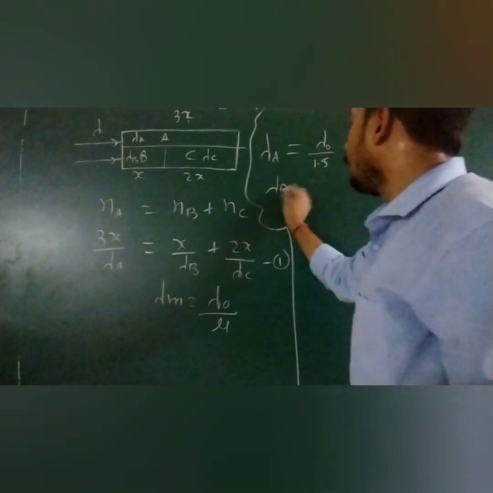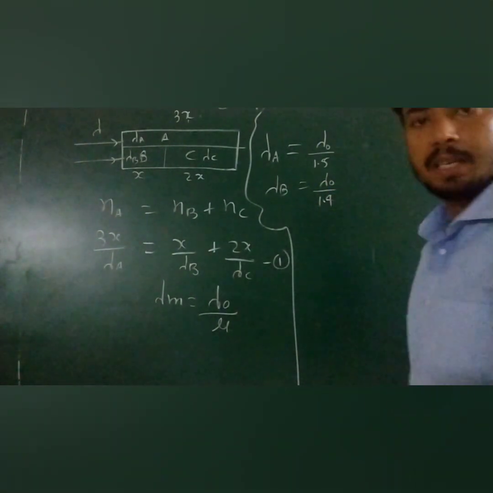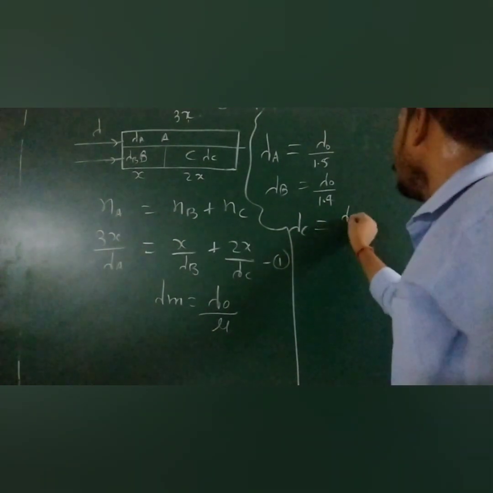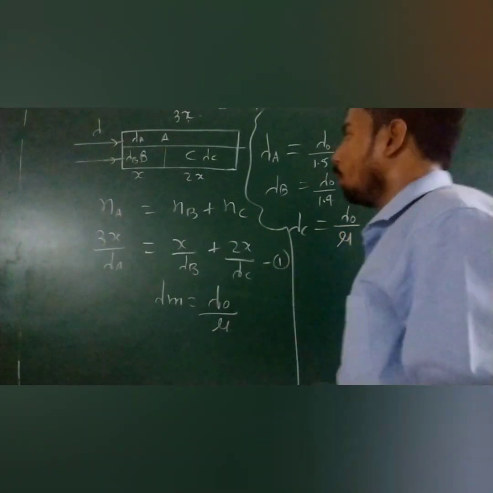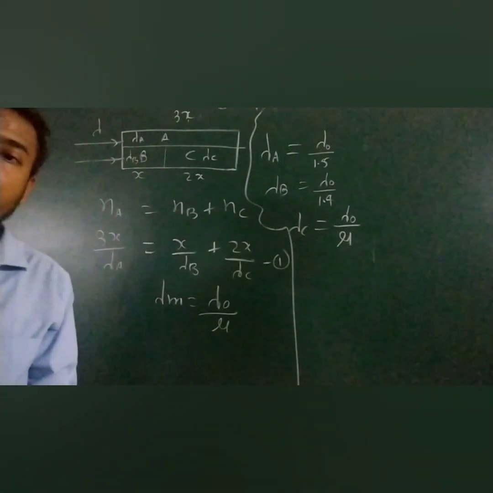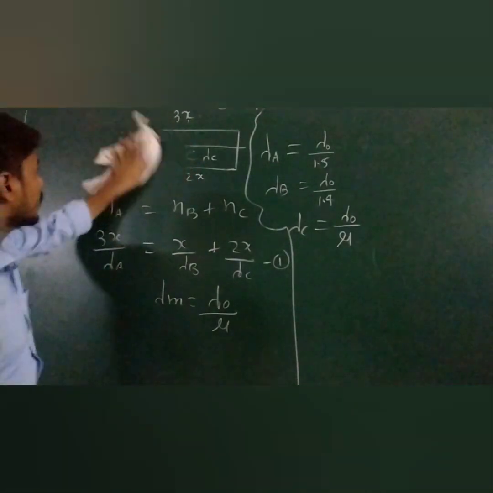Lambda B is equal to lambda naught by 1.4. Similarly, lambda C is equal to lambda naught by mu, because we don't know the value of the refractive index for C.